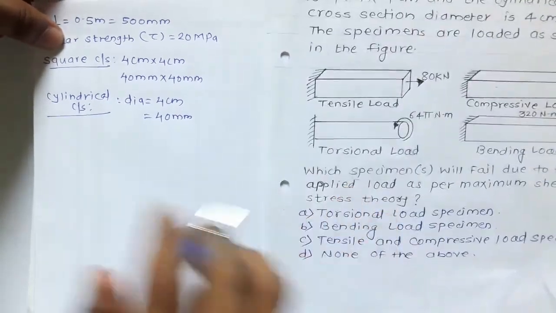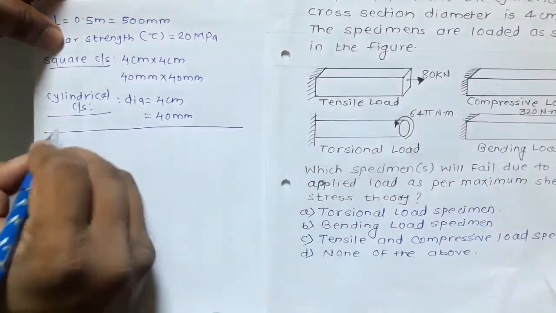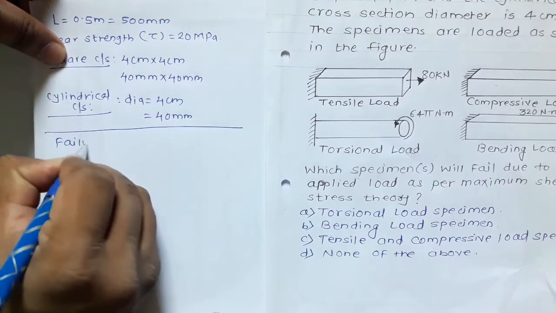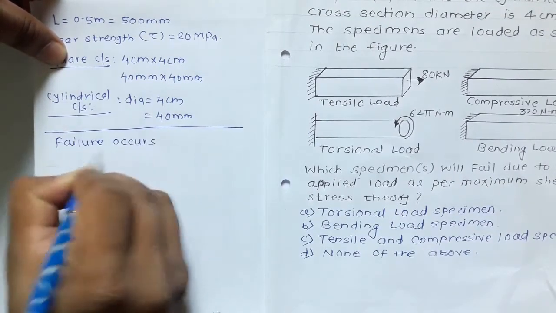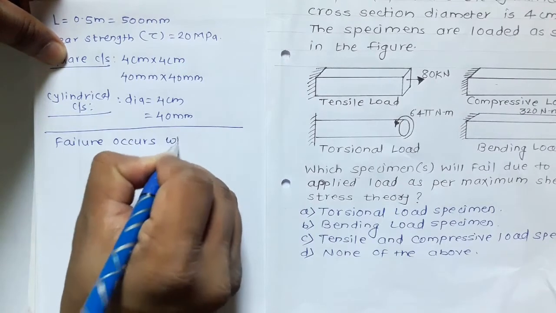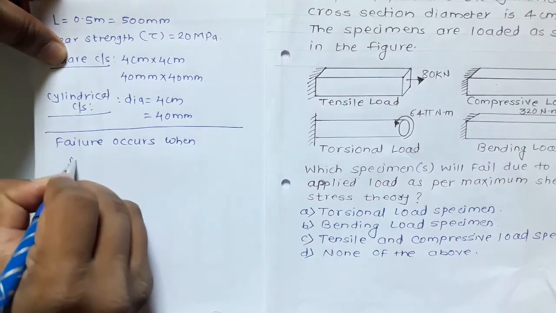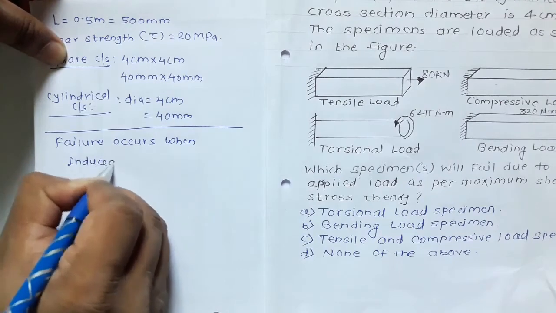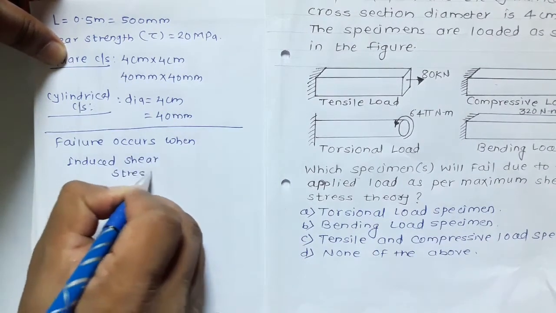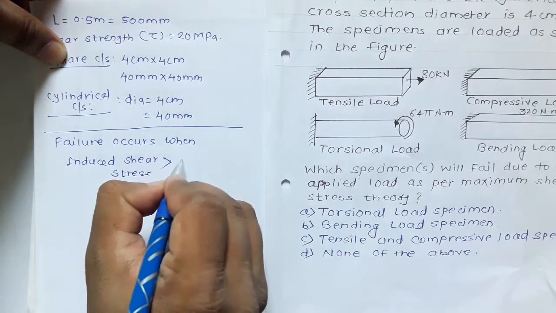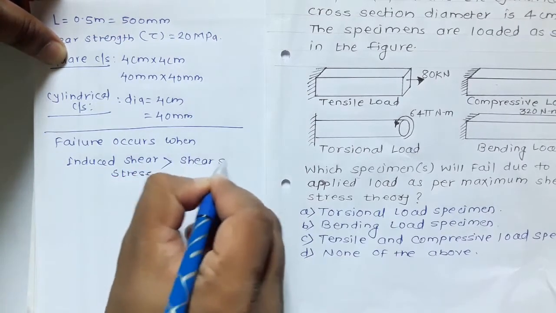So remember that here, very important point, as per maximum shear stress theory, failure occurs when induced shear stress becomes greater than shear strength.